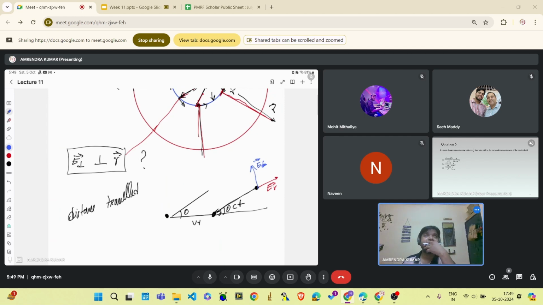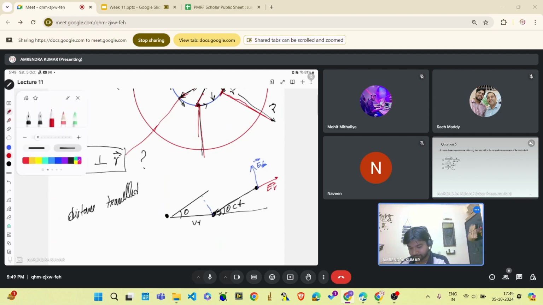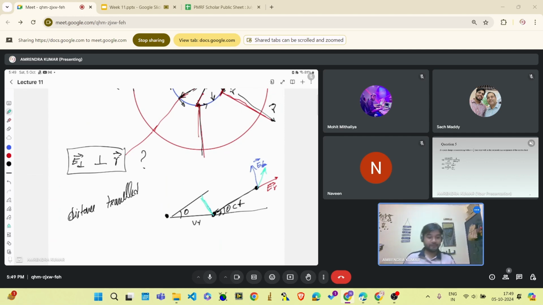This E perpendicular means there was this vector, and this one now has this component. So we want to know this thing.